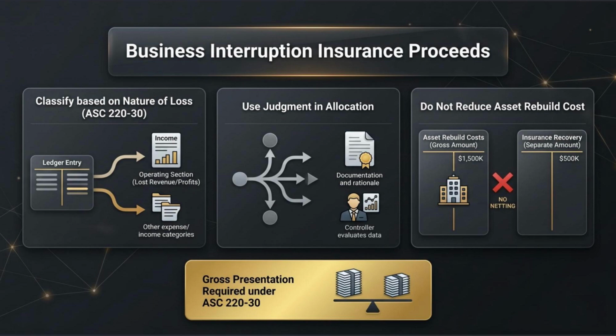A critical rule is that insurance proceeds should not be netted against the cost of rebuilding or replacing a damaged asset. The asset cost and the insurance recovery should be presented gross. Insurance money does not magically shrink the asset's cost. The accounting needs to show both sides clearly.